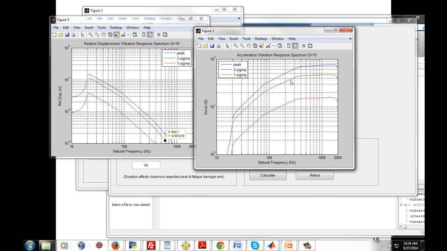But anyways, if we wanted to minimize acceleration, if that was our concern, we want the natural frequency to be as low as possible.